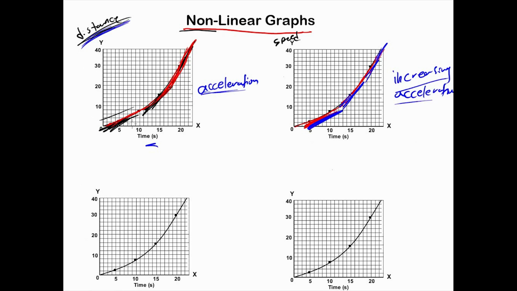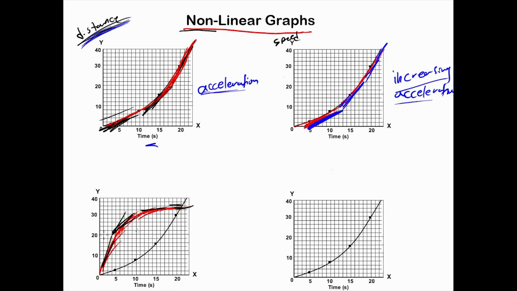In this graph, let's say this is also a distance time graph, and the curve is like that. In this case, the gradient decreases, so the curve becomes less steep as time passes.